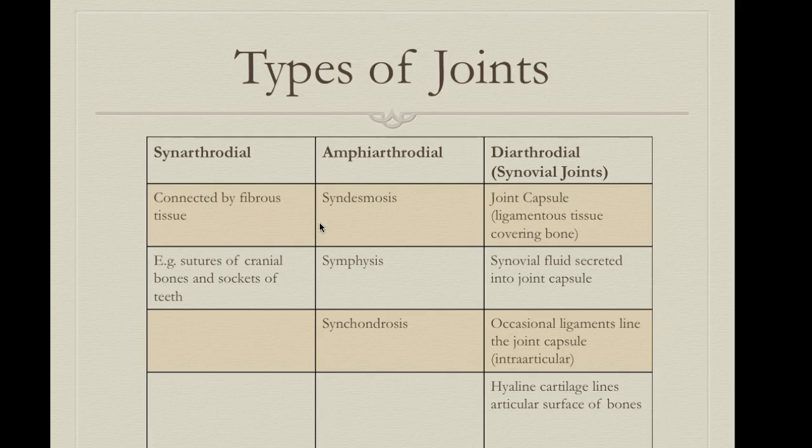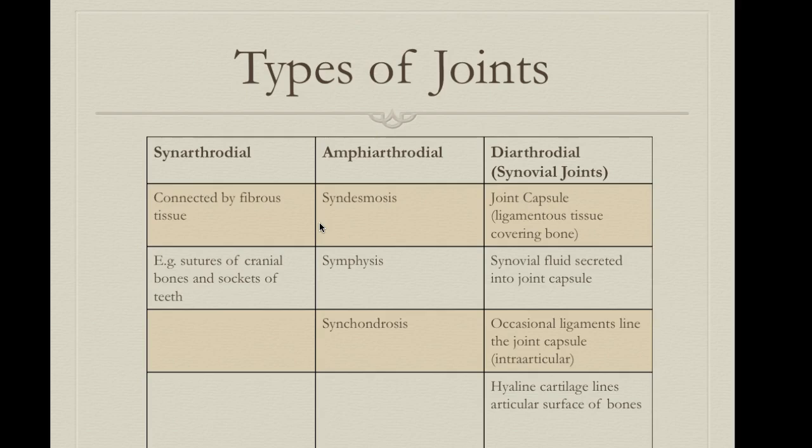We have the synovial joints or the diarthroidal joints, and these are characterized by joints that have joint capsules that have synovial fluid that's secreted into that joint capsule, occasional ligaments that line the joint capsule, and hyaline cartilage which lines the articular surface of the bone.